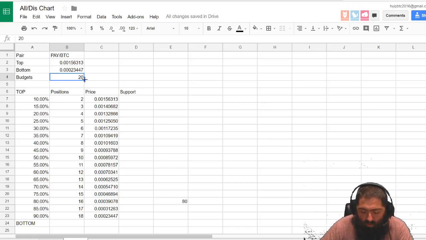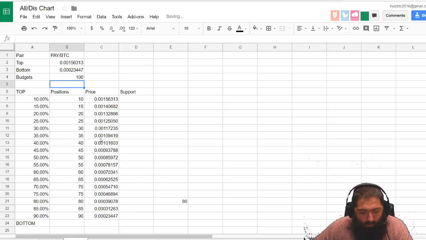So let's change this back to 100 positions. So if I'm at the 50% and it drops to 55, that price, I'm going to buy 5 positions.